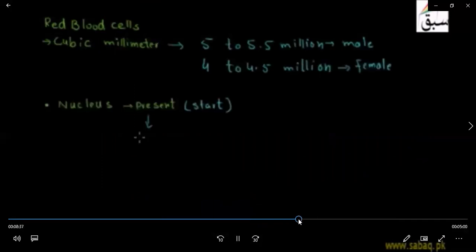RBCs, our red blood cells, have different ranges in males and females. For example, 1 cubic millimeter of blood in a male has 5 to 5.5 million RBCs, while in a female the same quantity has 4 to 4.5 million RBCs.